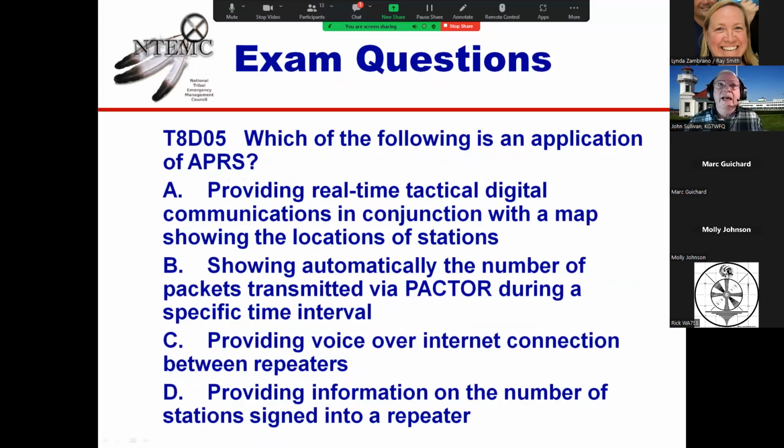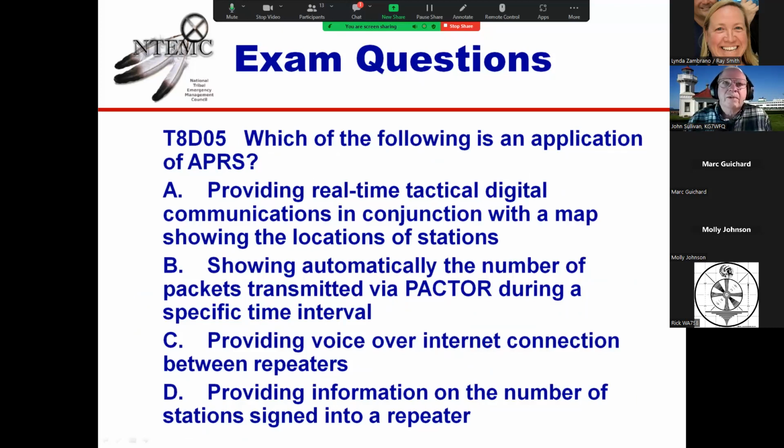Which of the following is an application of APRS? Providing real-time tactical digital communications in conjunction with a map showing the locations of stations. Showing automatically the number of packets transmitted via PACTOR. Well, that's a totally different system. Providing voice over internet connection between repeaters. That was the Echolink and IRLP we talked about.